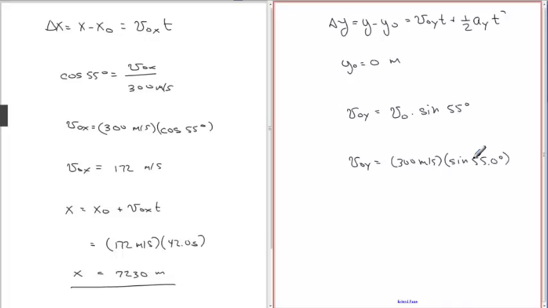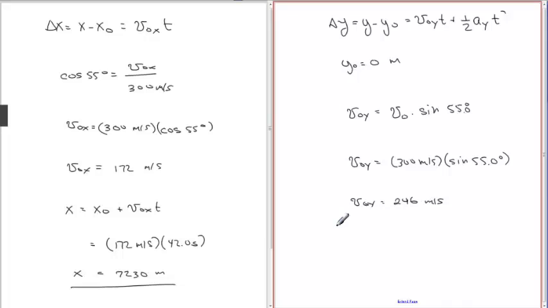I should put that extra decimal in there. So we take sine of 55 times 300, and I get 245. v0y is 246 meters per second.